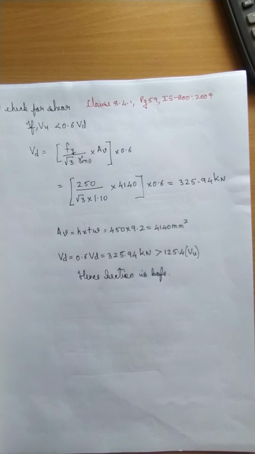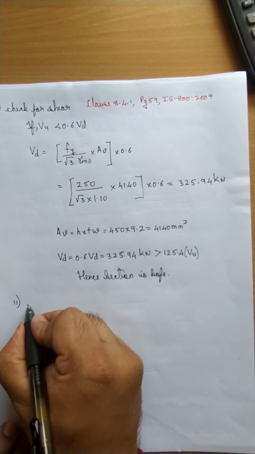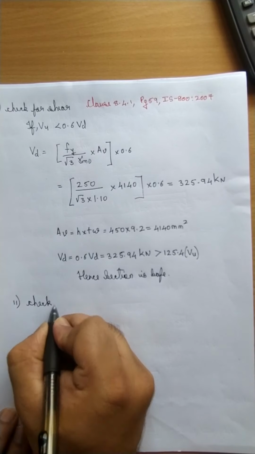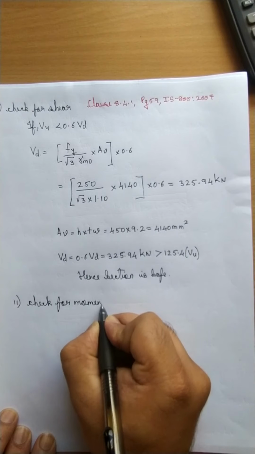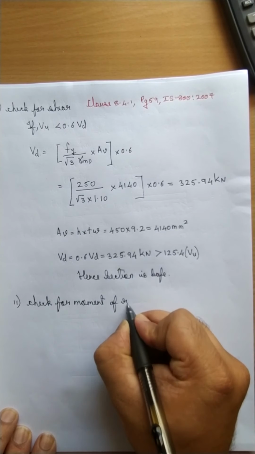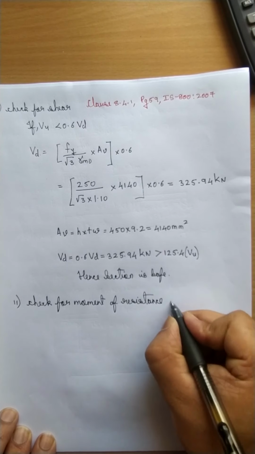Now next we shall go for the next check. So check number 2 is check for moment of resistance of the beam.